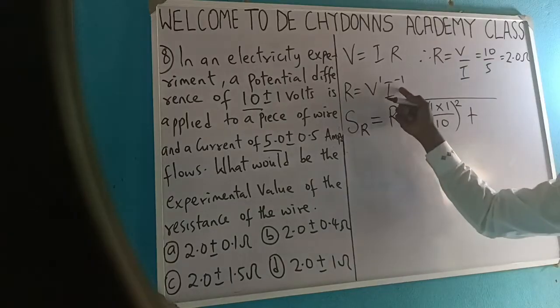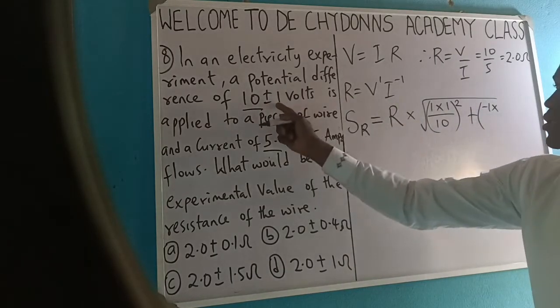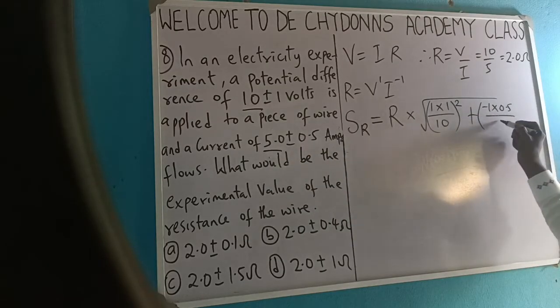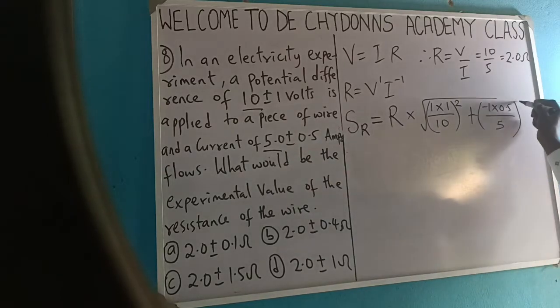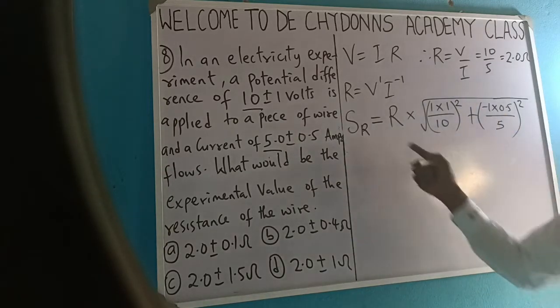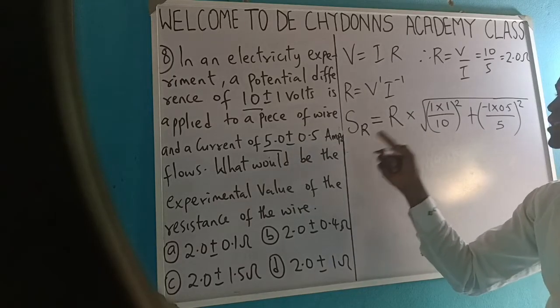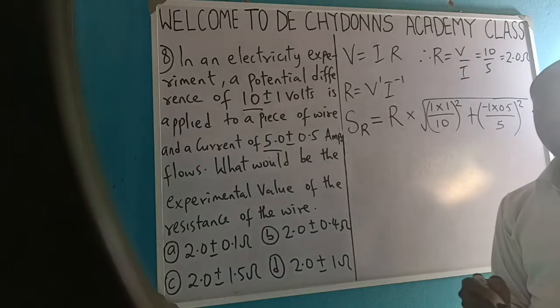Plus we'll come to this -1, times this one 0.5, all over what? 5. Look at it, the 5. We'll square it. So when we compute this, we'll be getting the standard error of getting the effective resistance of the resistor.